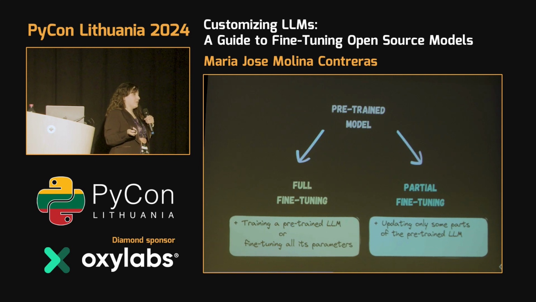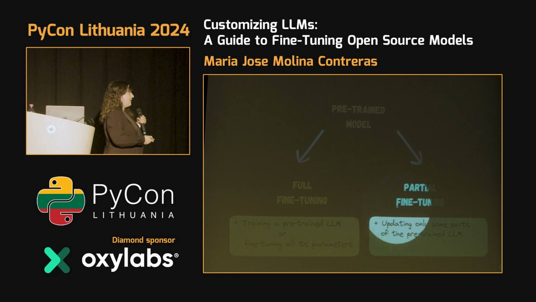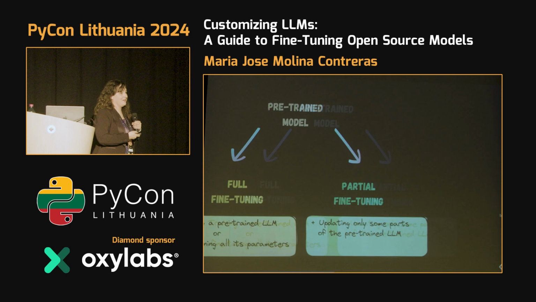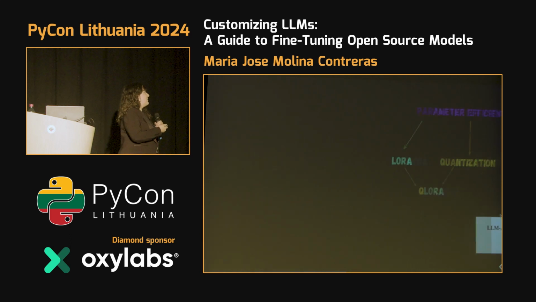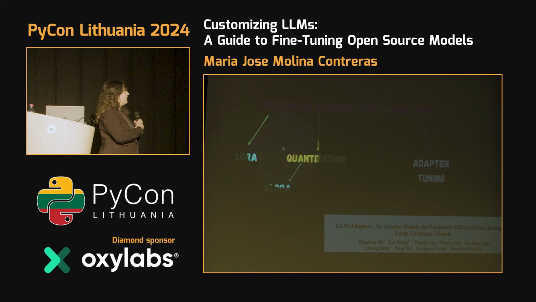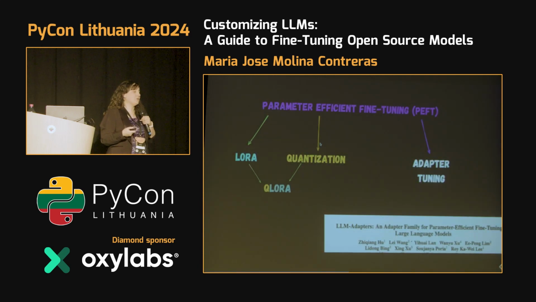But there are other options. We can go for updating only some parts of this pre-trained LLM. And of course, as you can infer right now, we are going to go for this partial approach. How can we do that? With some techniques named parameter-efficient fine-tuning.